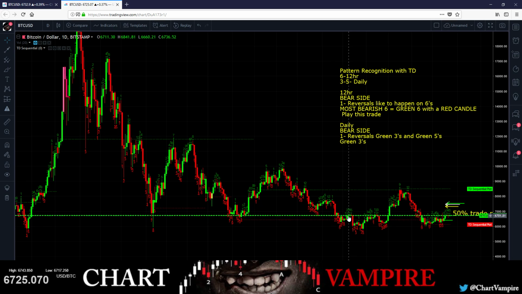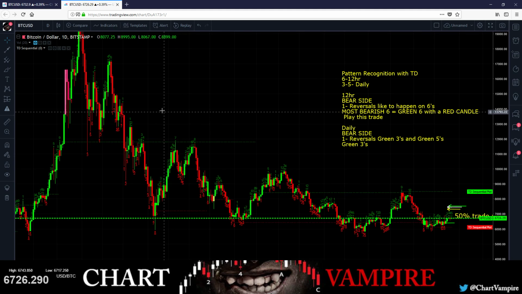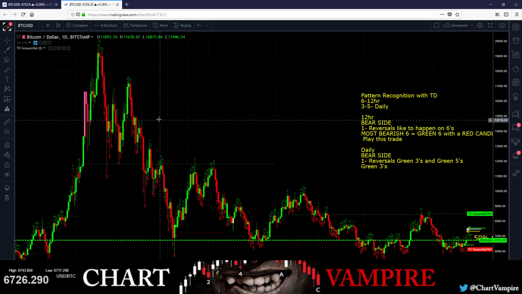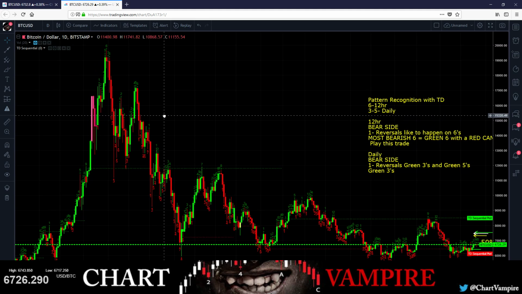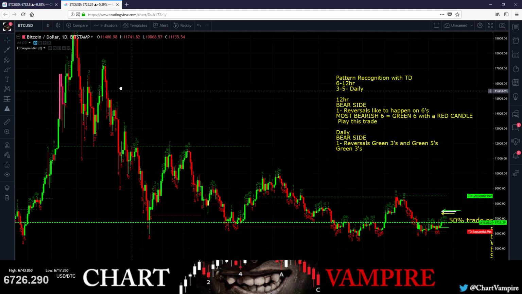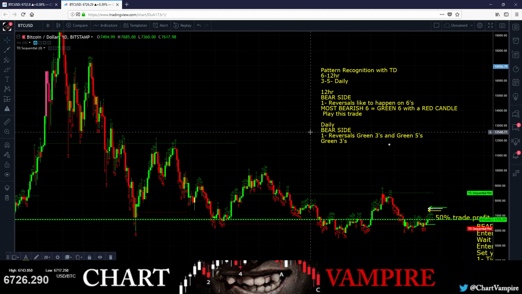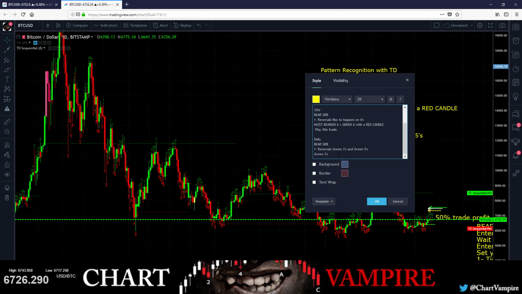So there's 3 greens, 2 reds. That's almost a 50-50 there on the greens. So on green or red candles, it's 50-50.